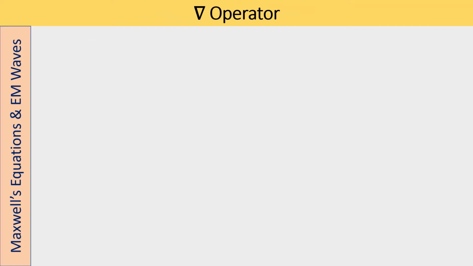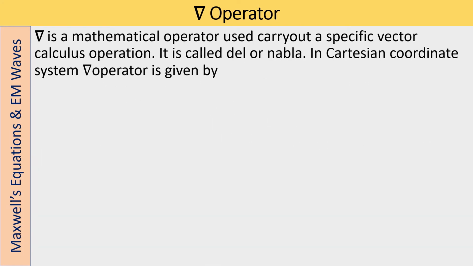In order to understand gradient, divergence and curl, you should know about the mathematical operator called the del operator. The del operator is a mathematical operator used to carry out a specific vector calculus operation.